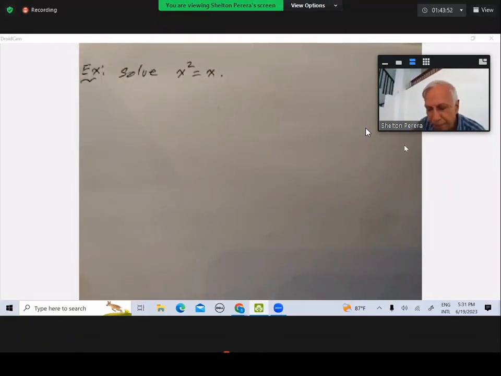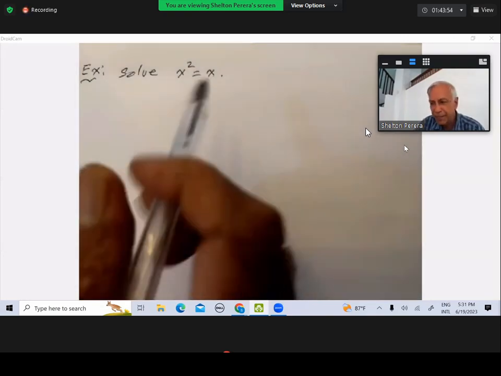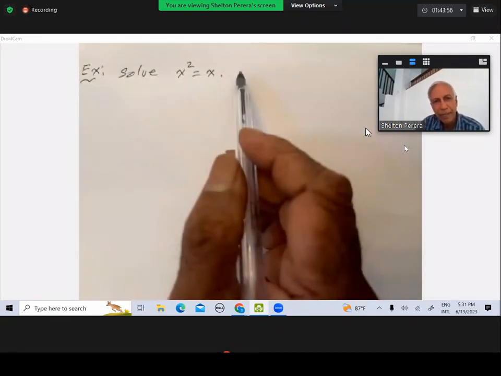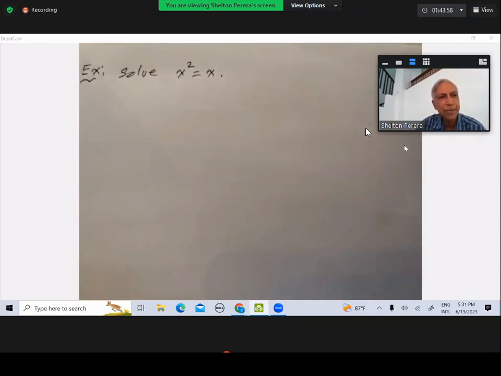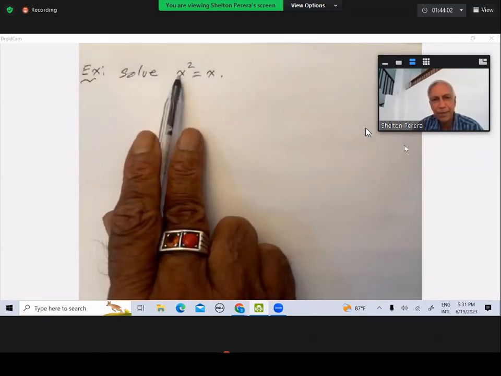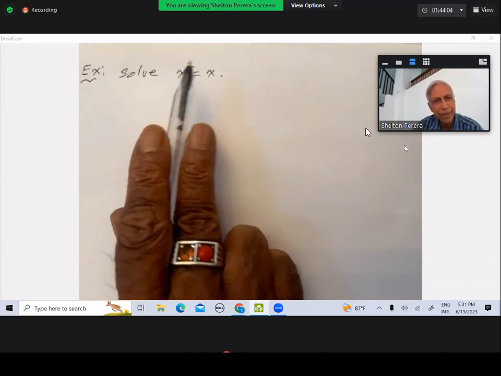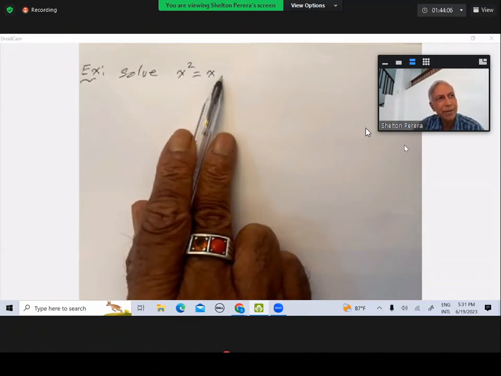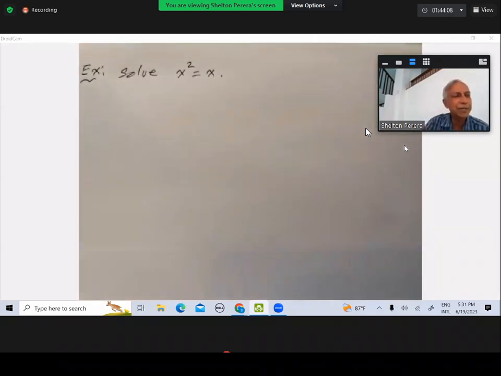You cannot divide by x. It's not told that x is not equal to 0. Actually, if x is equal to 0, this side is 0 and this side is 0. If you divide by 0, you will lose that solution.